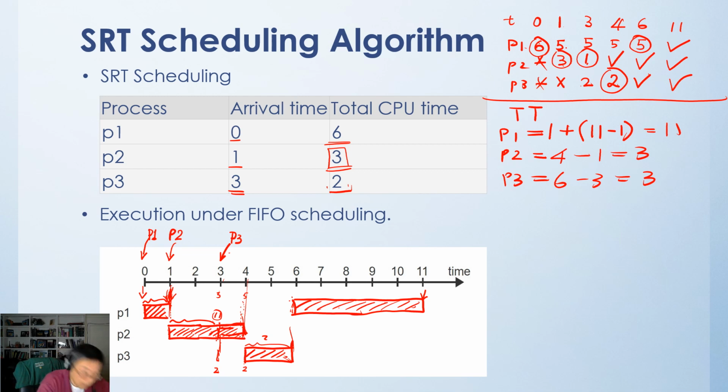Okay, so now the average turnaround time is going to be 11 plus 3 plus 3 divided by 3. So that's 17 divided by 3.